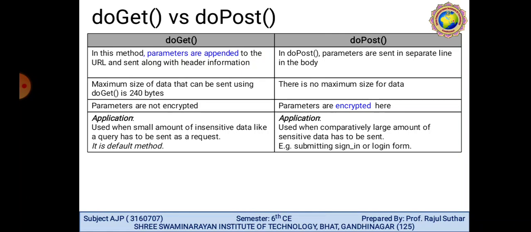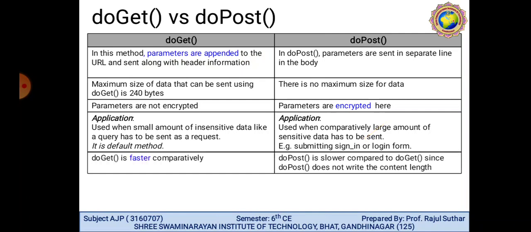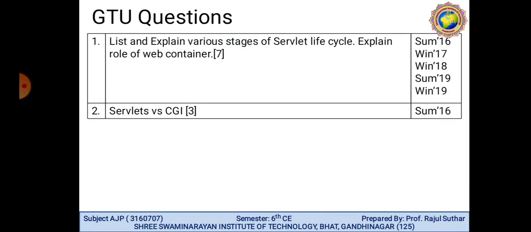So it is a secure method. doGet is comparatively faster. doPost is slower compared to the doGet method, since doPost does not write the content length.